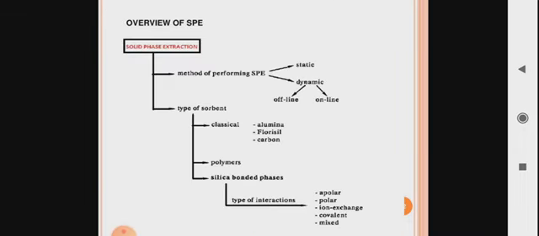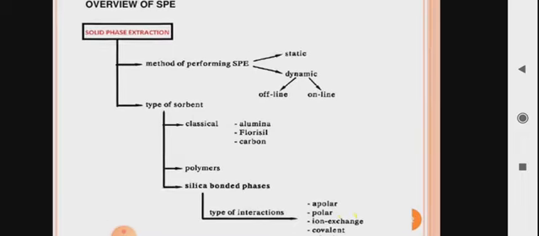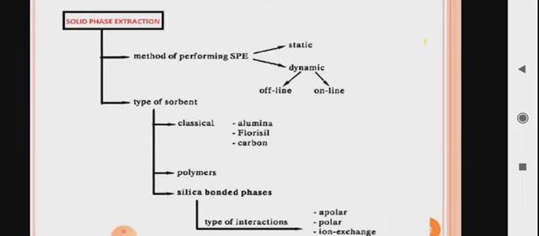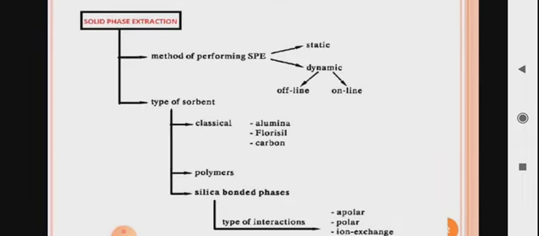So see, overview of solid phase extraction. Here are the methods of performing solid phase extraction: static, meaning in a fixed position, then dynamic, offline, online. So automatically, dynamically also we can perform this experiment and separate out analytes.